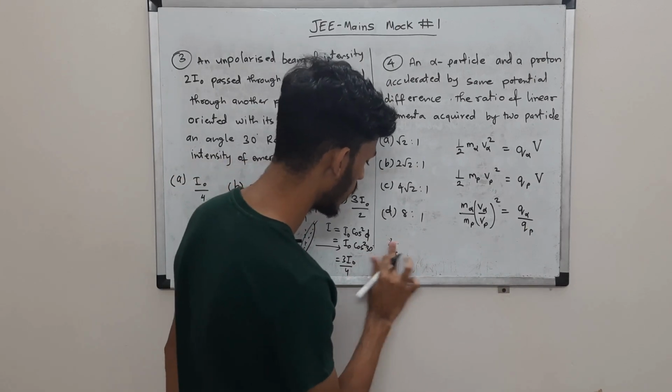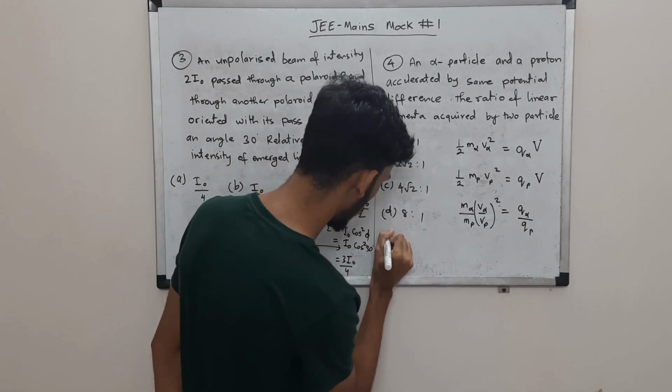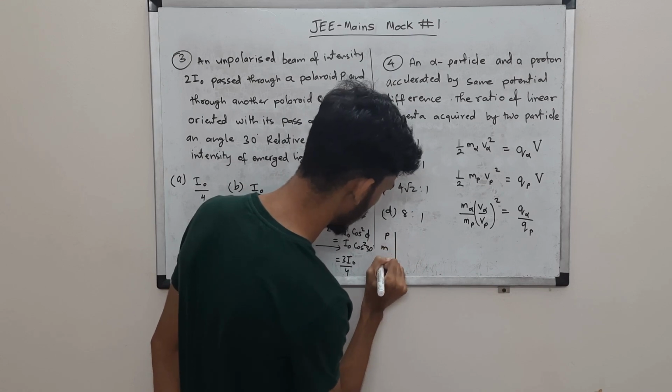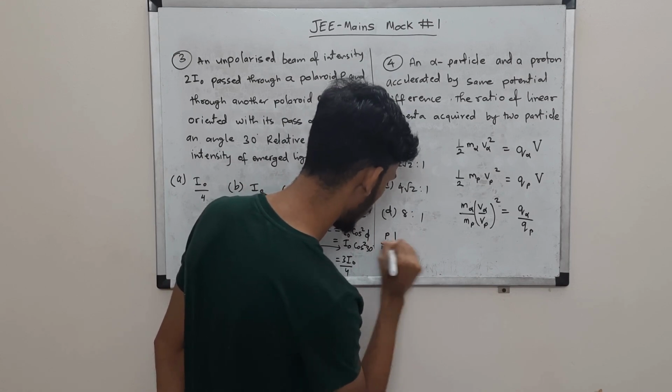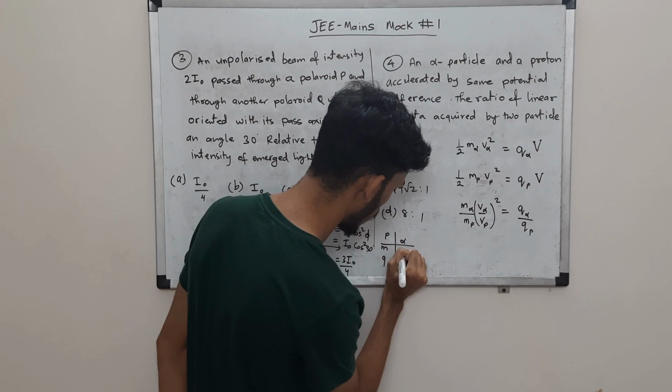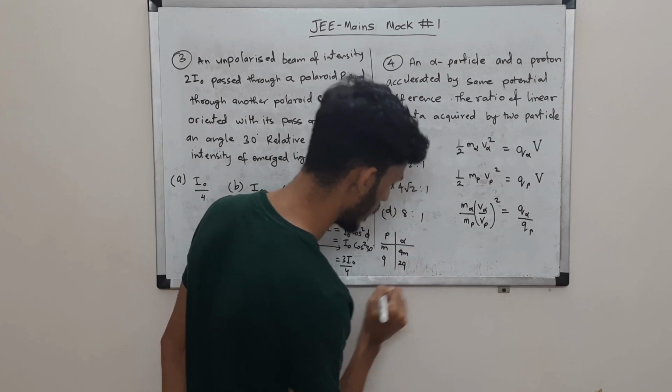So suppose for the proton the mass is m and the charge is q, then for the alpha particle the mass will be 4m, 4 times the mass, and 2 times the charge.